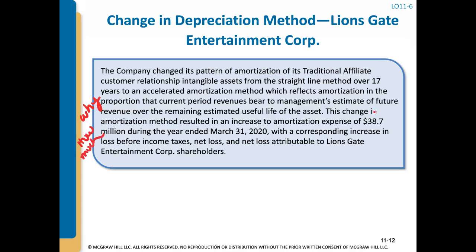And it says, with a corresponding increase to loss before income taxes, net loss, and net loss attributable to Lionsgate Entertainment Corp shareholders. So it tells you who it affected, and essentially when it says it's going to be a net loss, your earnings per share is definitely going to go down.